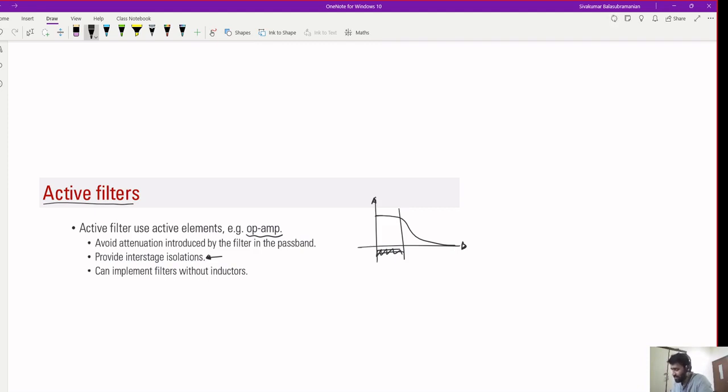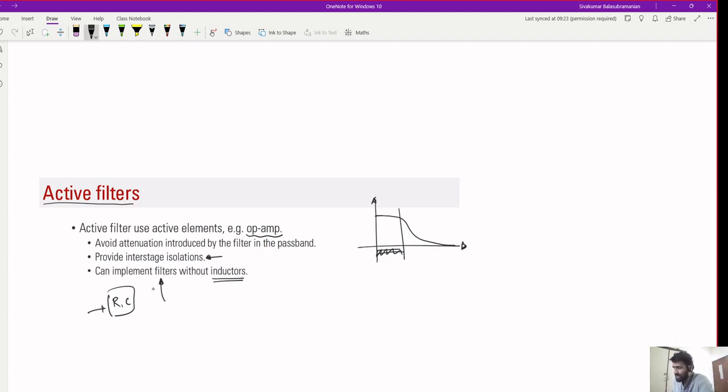And another important useful feature of op-amps is that you can implement filters with very nice properties without the use of inductors. Compared to capacitors, linear inductors are hard to build. So if you use op amps, then by just using resistors and capacitors, you can build a wide range of filters with different properties.